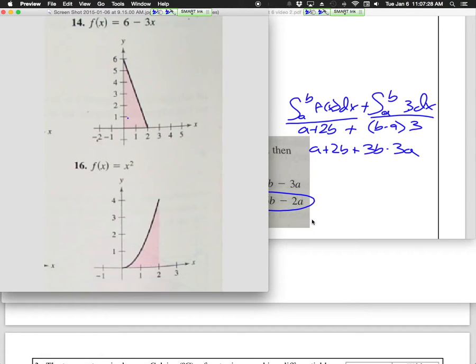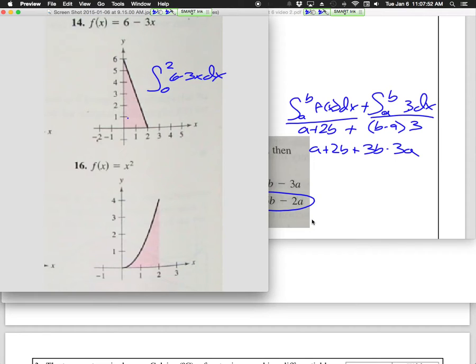If I want a definite integral that will yield this area, it's going to be the integral from 0 to 2 of 6 minus 3x dx.